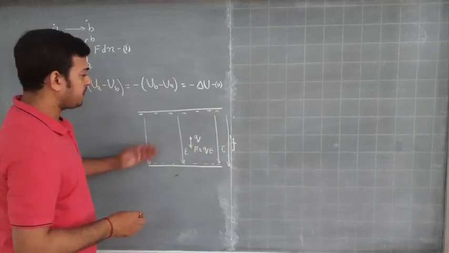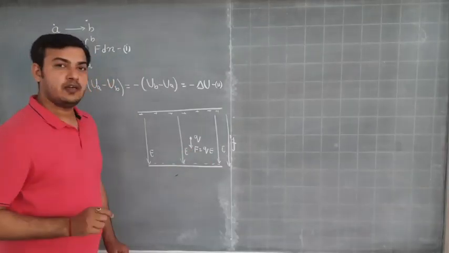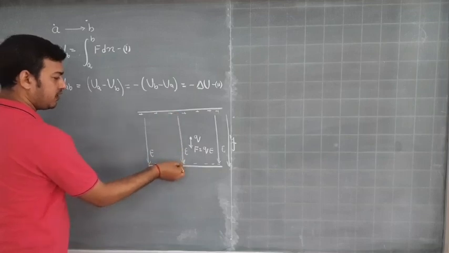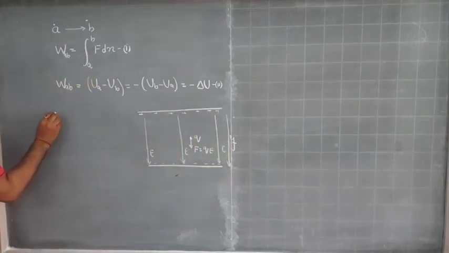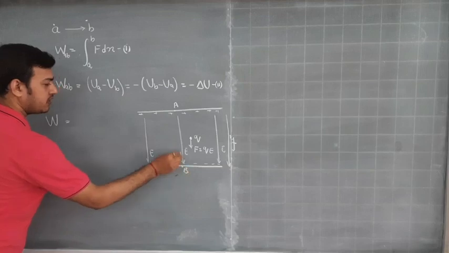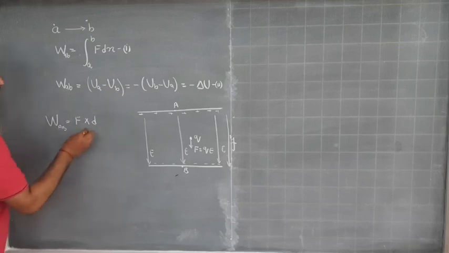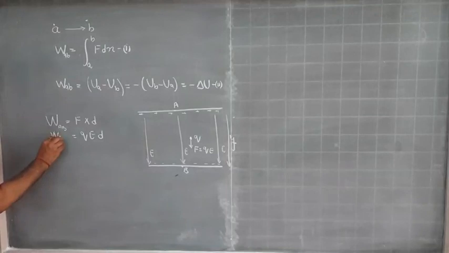Since the field is constant everywhere, this force is going to be constant, and if my charge moves from this plate to this plate, the displacement is y, so we can write that the work done from, suppose, a point A to a point B is force multiplied by displacement. The force will be QE times the displacement.